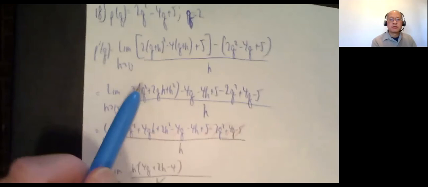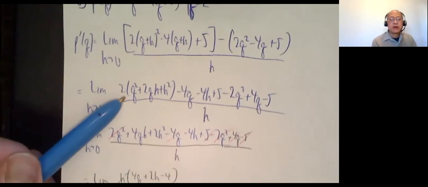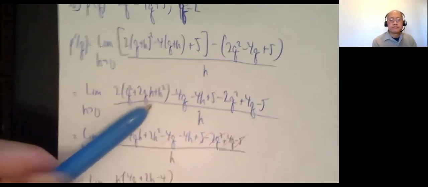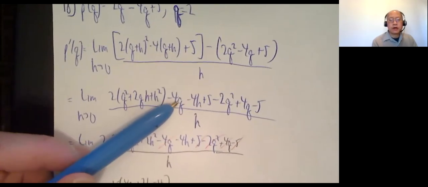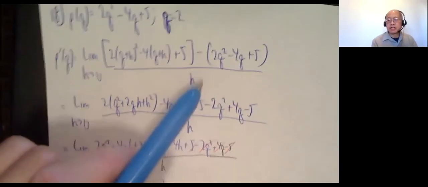Limit H approaches 0. 2 times Q plus H squared, Q squared plus 2QH plus H squared. Distribute the negative 4, negative 4Q minus 4H plus 5. And minus parentheses means change every sign, right?